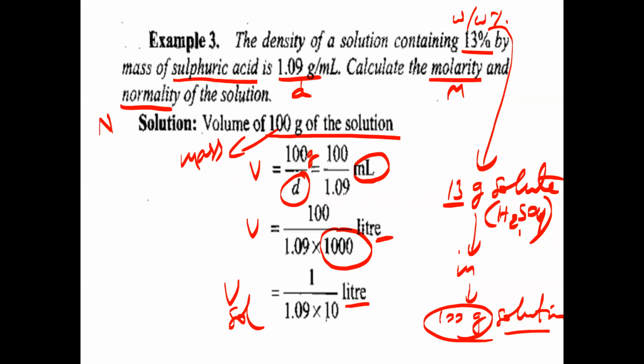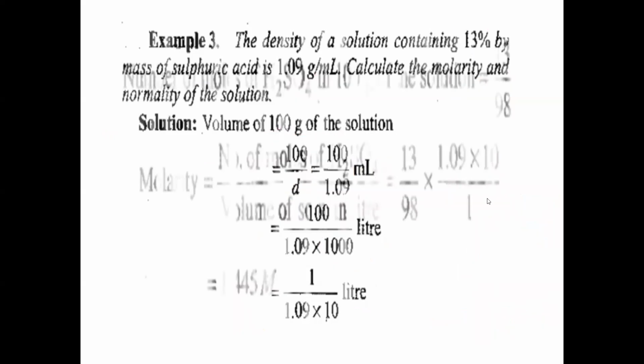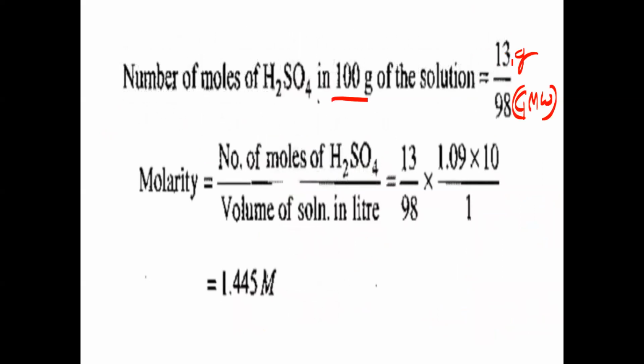How to find the number of moles? Given weight by gram molecular weight. The given weight of sulfuric acid is 13 grams, by gram molecular weight 98. Okay. So we got the number of moles of H2SO4.